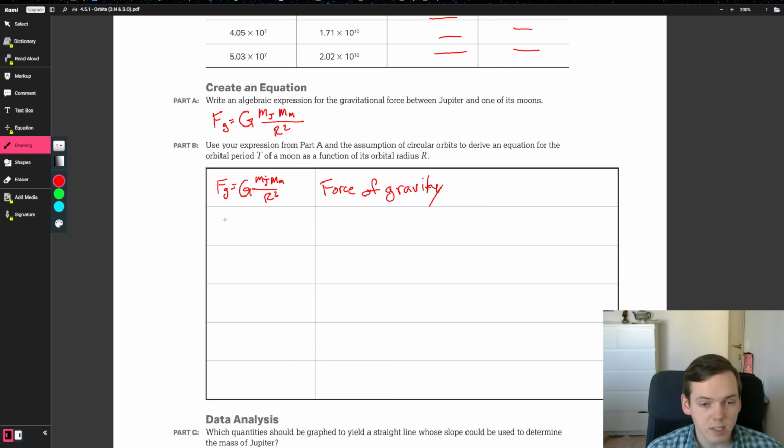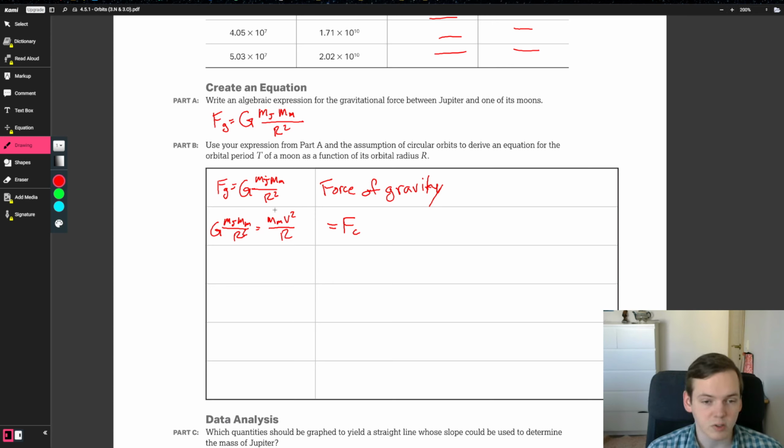Then we're going to set that equal to our centripetal force. So G Mj M moon over r squared is equal to M moon v squared over r.